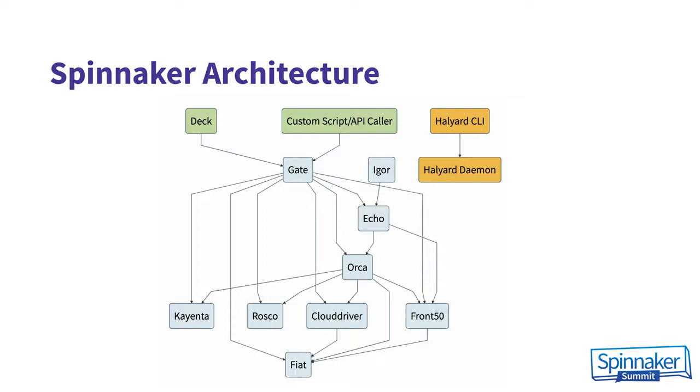That's where you build your images, like AMIs or Azure VMs; that's baked in Roscoe. Clouddriver actually creates the resources for you: your VMs, your load balancers, your firewall rules. Whether you're using Kubernetes, AWS, or Azure, it goes through Clouddriver to create those resources.